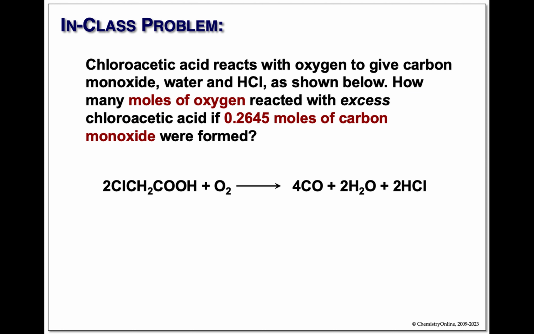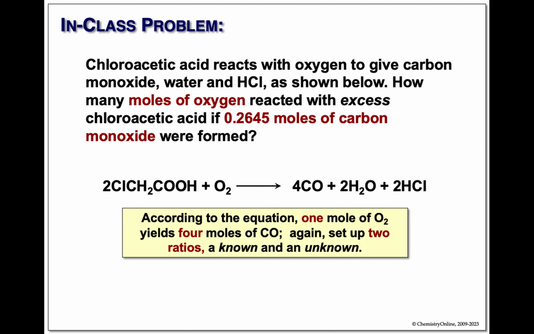So, according to our equation, 1 mole of O2 gives 4 moles of CO. So 1 to 4 is our ratio. CO is going to be our given, so that goes in the bottom.